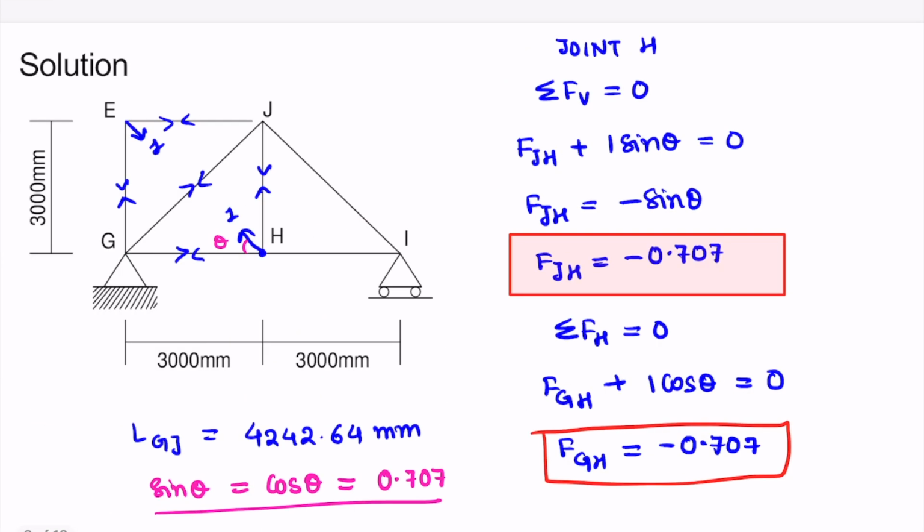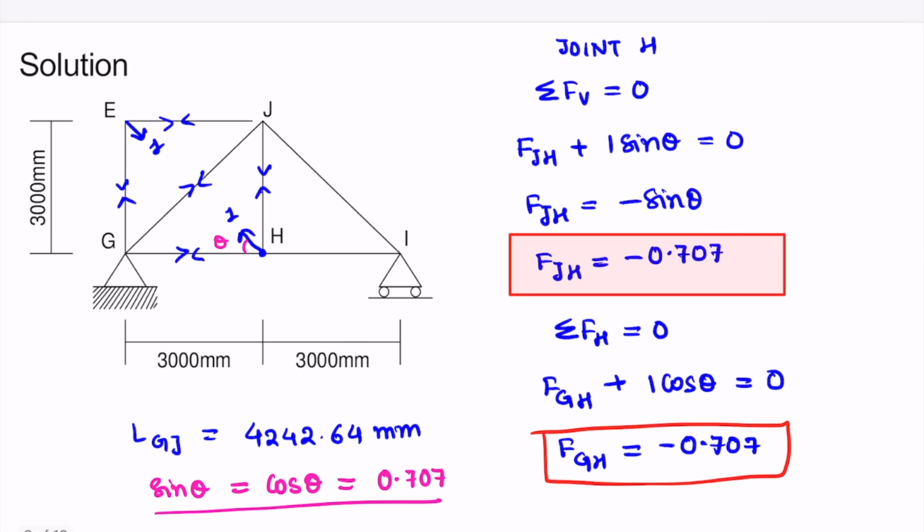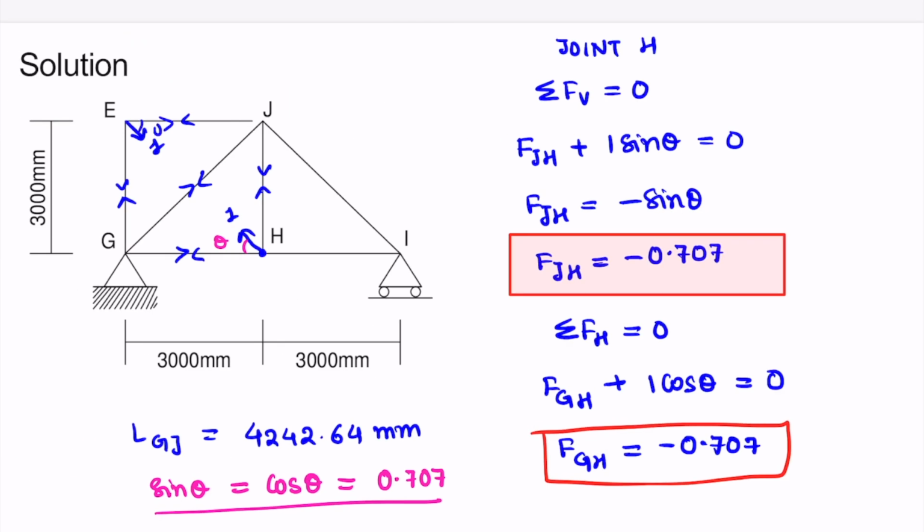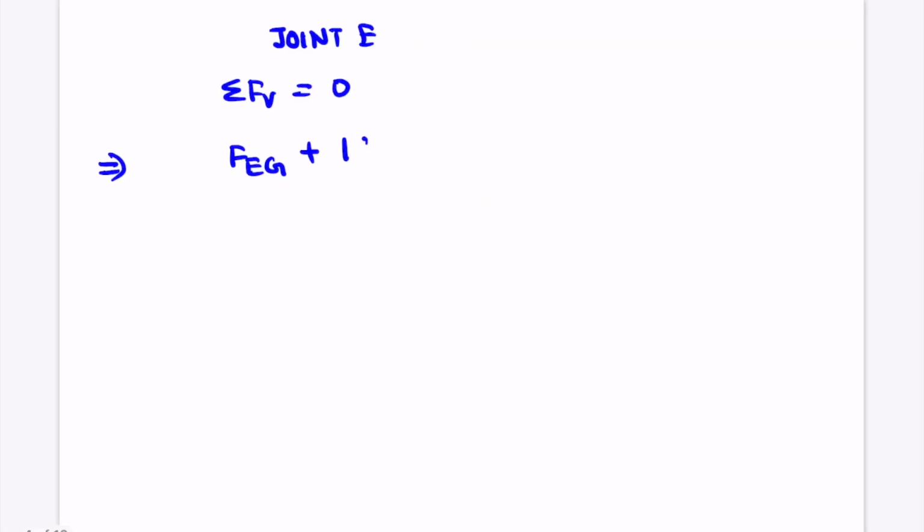Now let's consider joint E. Summation of force in vertical direction to be 0. This means that FEG plus 1 sin theta equal to 0.